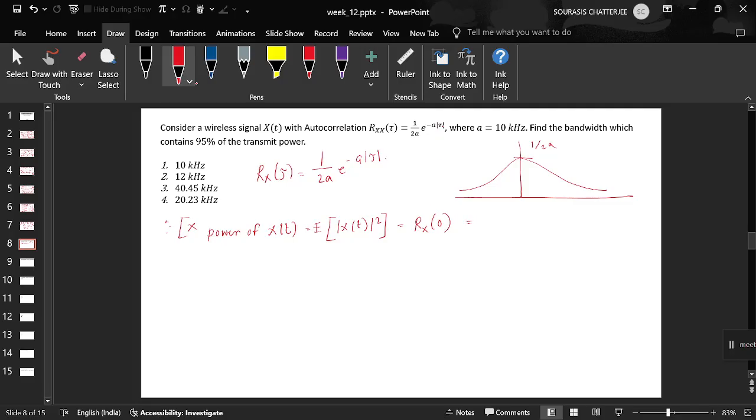So you just put 0 in place of tau here, and what we will obtain is 1 over 2a. So that is the power of the signal, and this should be equal to the power in the frequency domain also, where this is the power spectral density. Now the job is to find the expression of this power spectral density and then put the equation and the bandwidth here to compute the 95% of power.